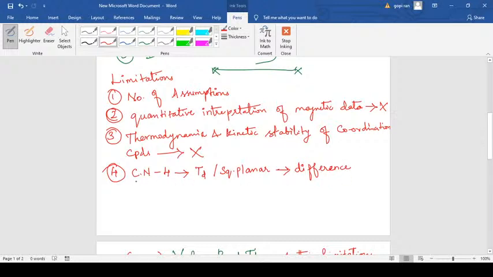Even though the coordination number is the same, it can have different geometry. This difference is not mentioned in the valence bond theory.